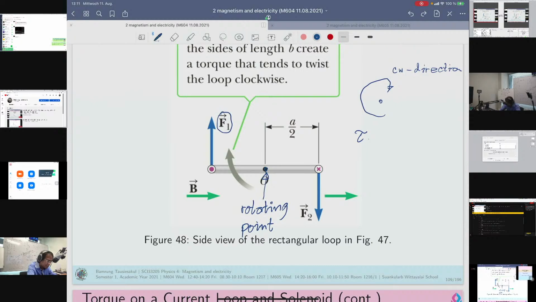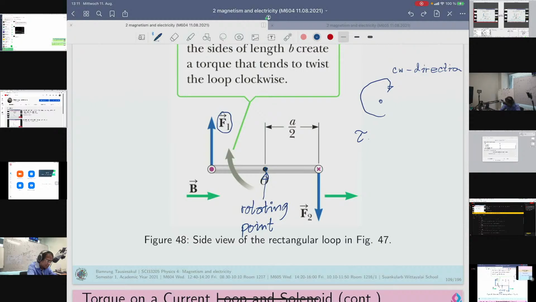The first one is F1, the magnitude F1 times the distance, and what you may observe is that the distance here is A, but our reference point is going to be here, half this side.